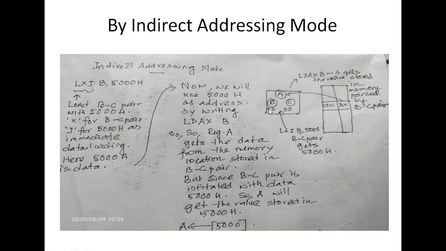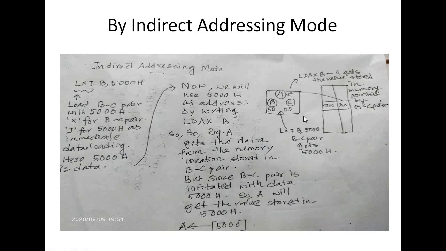So the processor has to access the memory location 5000H, right? As soon as the microprocessor accesses the memory location 5000H, it will get the data. Some data is already stored in 5000, so that data is loaded into the accumulator. Okay, understood? So register A gets the data from the memory location stored in BC pair.